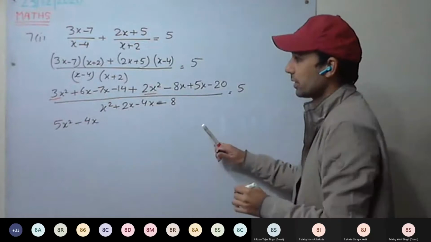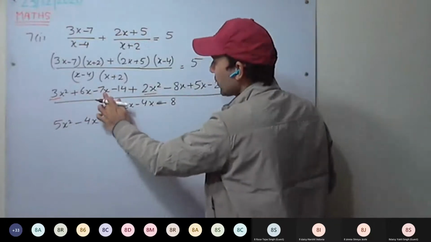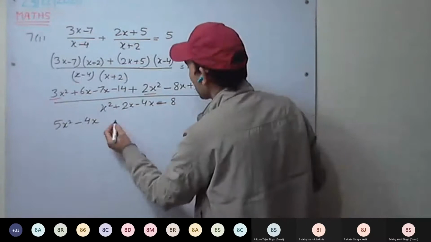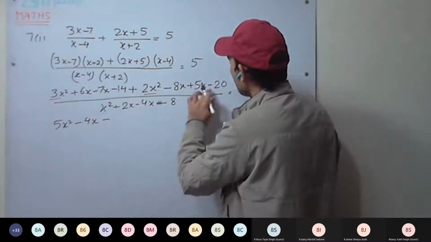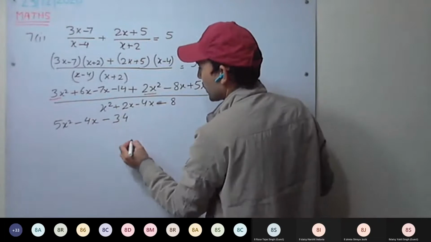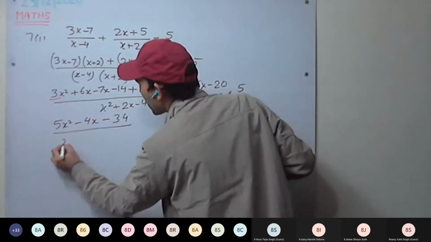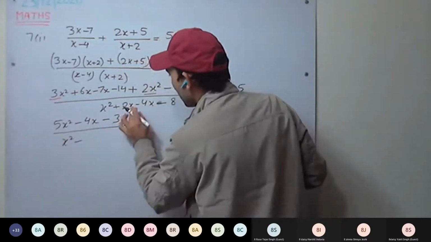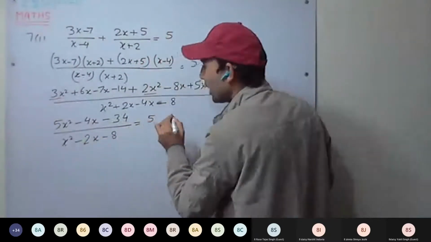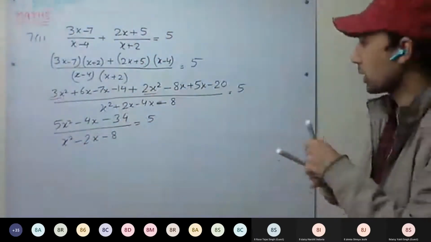This will be the answer. 6 minus x we are getting here, minus 9x plus 5x, minus 4x, minus 34, upon x square minus 2x minus 8. Any doubt till now? Anyone have a doubt? Do ask.